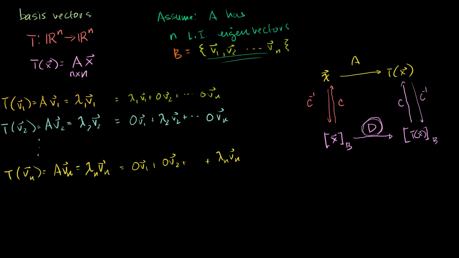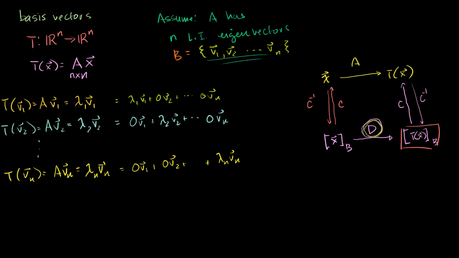So let's see that this will actually be a nice looking, easy to compute with, and actually diagonal matrix. Let's write this in a bunch of different formats. Let me scroll down a little bit.